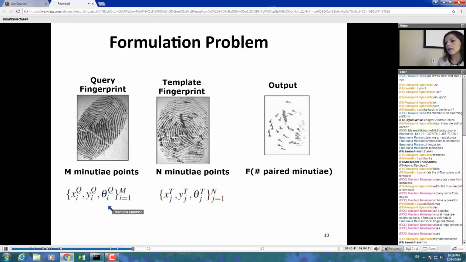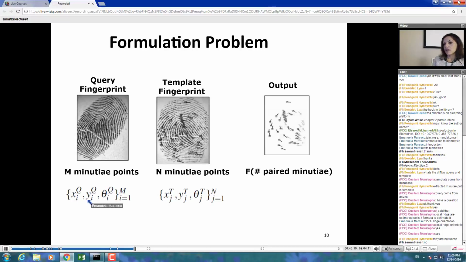As a general observation, what can we find in the minutia points in the query that is different from the template, based on this acquisition where I place the finger in a different way? So we are talking about points located with x and y and with a certain orientation. Differences will be, of course, in location and orientation.